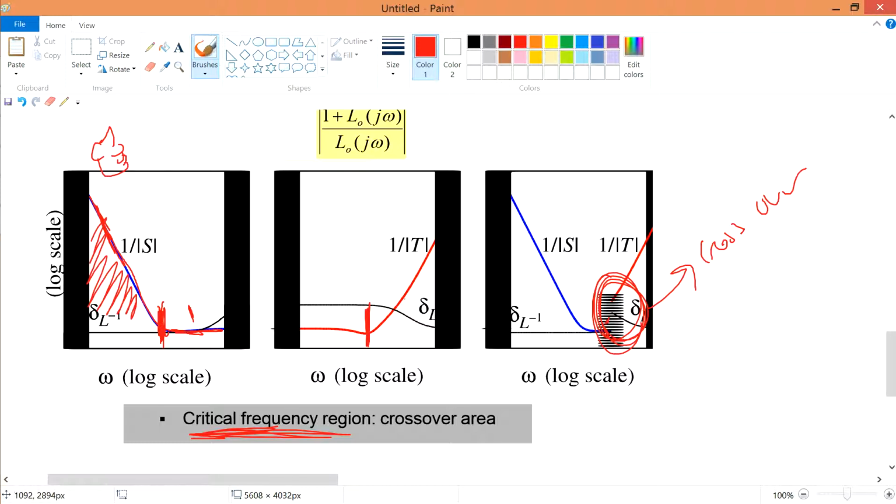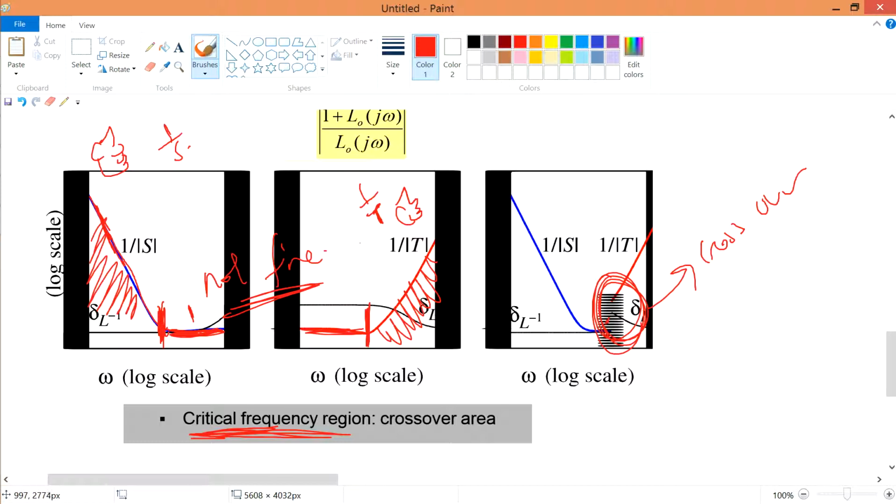And this region is good for 1 over s. While the rest that is really in small power, we are not interested. They are not fine. They are not good.